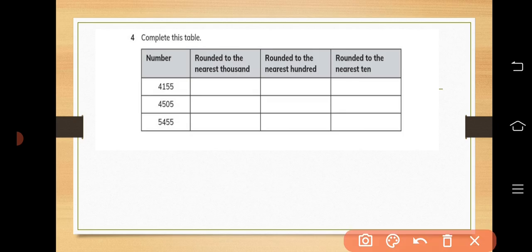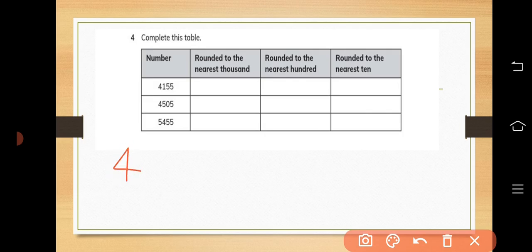Here they saying that complete this table. Here you see that they write down here the number and saying round it to the nearest thousand, nearest hundred and nearest 10. So let's get started. 4155.